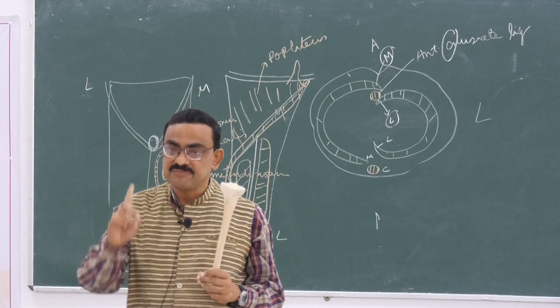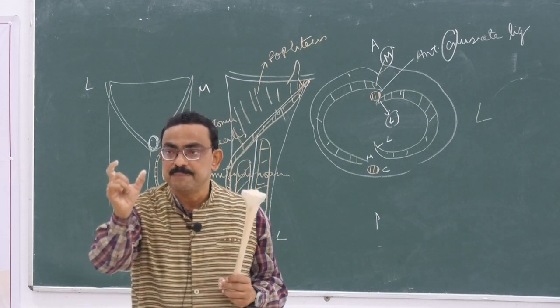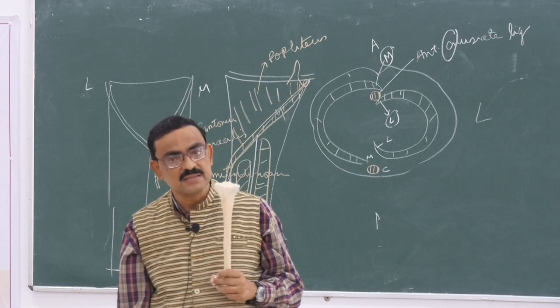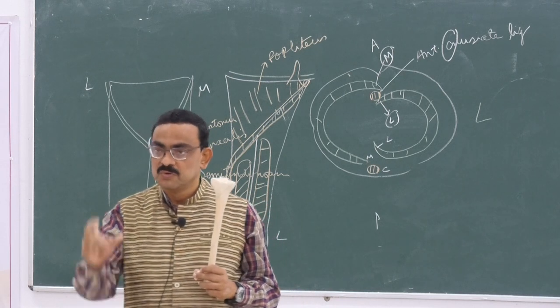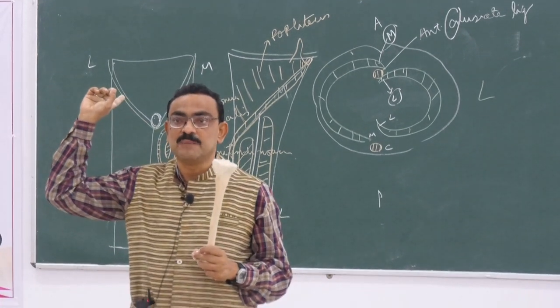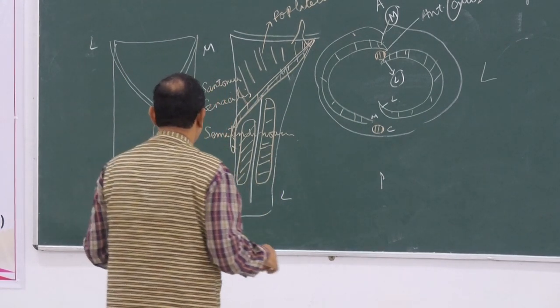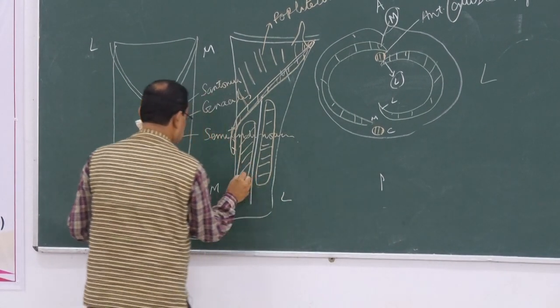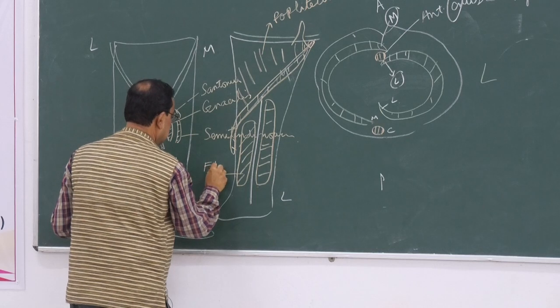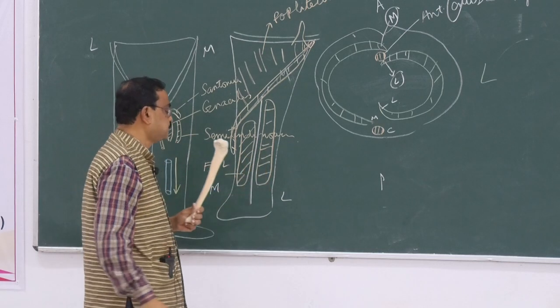There is another flexor digitorum brevis, but that means small. That is present as a local muscle in the foot. So this is the flexor digitorum longus which takes origin here.